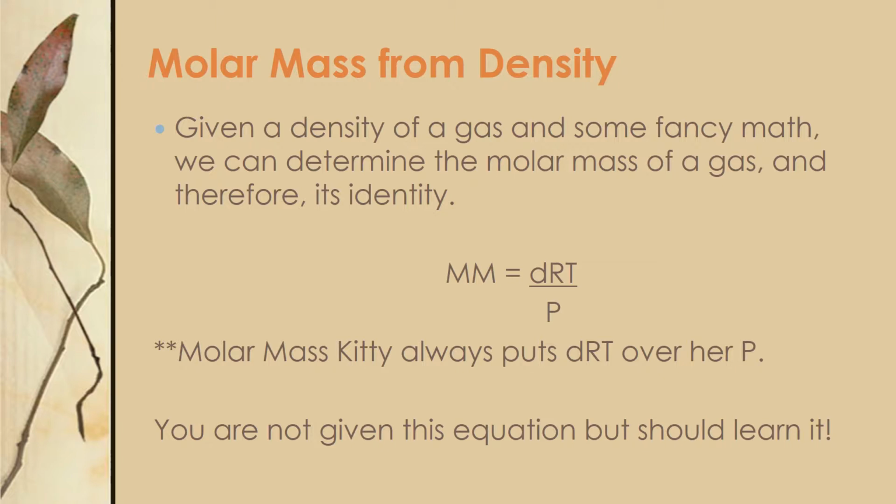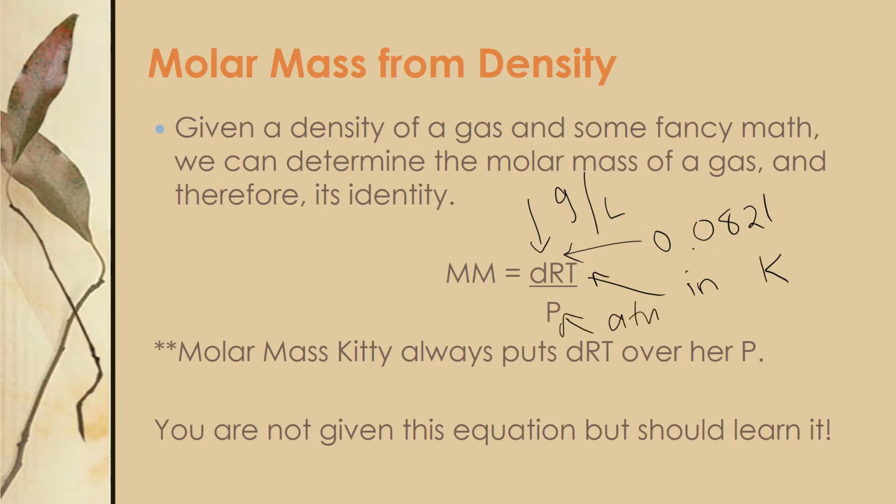I always learned this as the molar mass kitty puts dirt over her P. Dirt meaning density, given in grams per liter, R meaning our gas law constant, 0.0821, T being our temperature in Kelvin, and P being our pressure. Again, in atmospheres, given that we're using 0.0821.